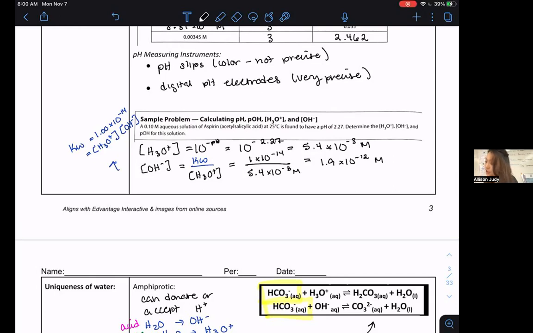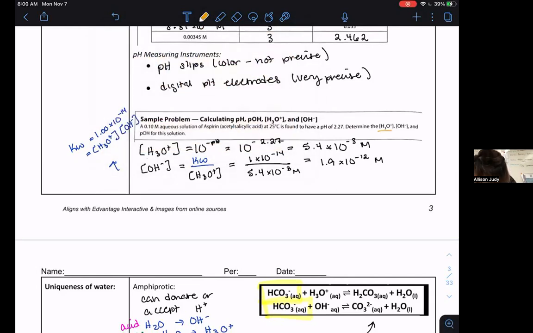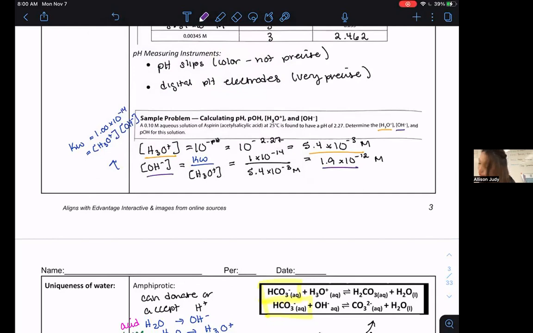And again, I'm sticking to 2 sig figs because I'm limited by my H3O plus, which was limited by my pH measurement. Now, that's 2 out of the 3 that I need to determine. I need to determine the H3O plus, did that right there. I need to determine the OH minus, did that right there. And finally, I need to determine the pOH.